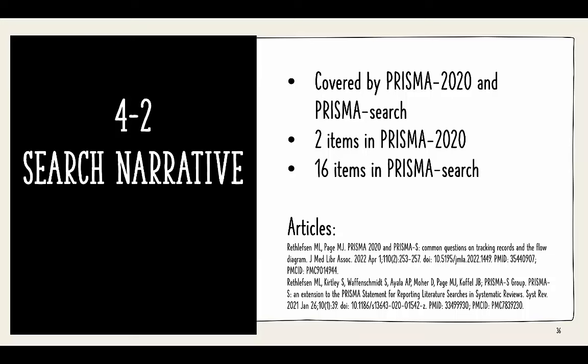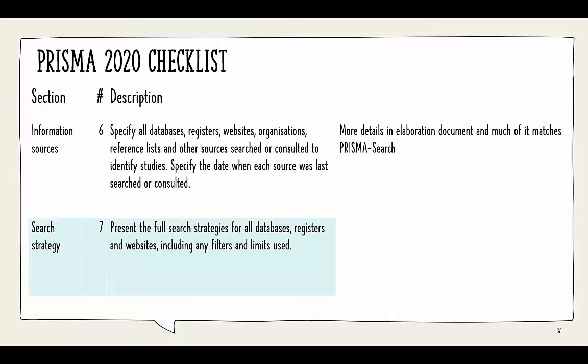In the handout, I listed 2 articles in there around PRISMA-S. One is the explanation document, and so that will go through all 16 items. And the other is kind of a brief article, and it's all around common questions on tracking records and the flow diagram for PRISMA-S in 2020. I thought that was a really useful article, so you might find that as well.